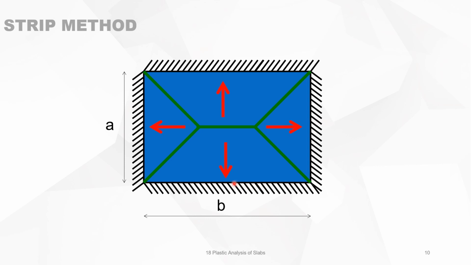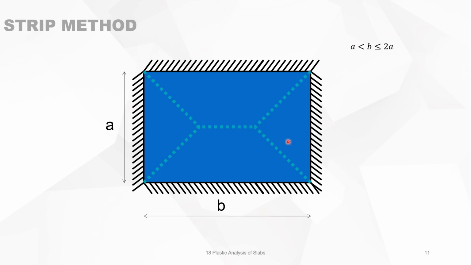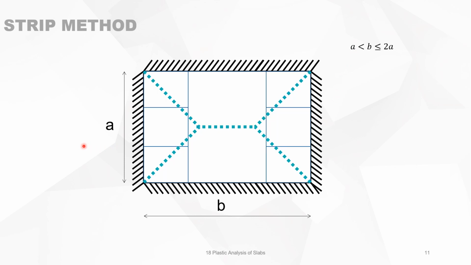Looking at this picture, you will see that in the middle the load is carried half in this sense and half in the other sense. Of course, this is only valid if a is smaller than 2 times b, otherwise you have a one-way slab.